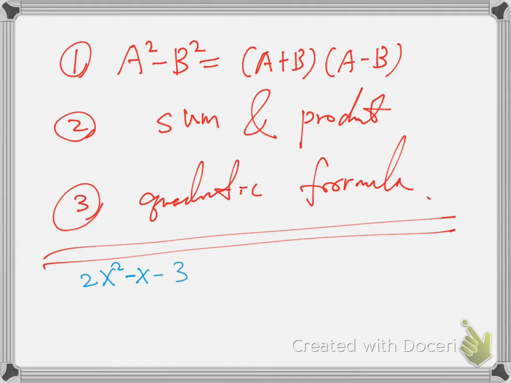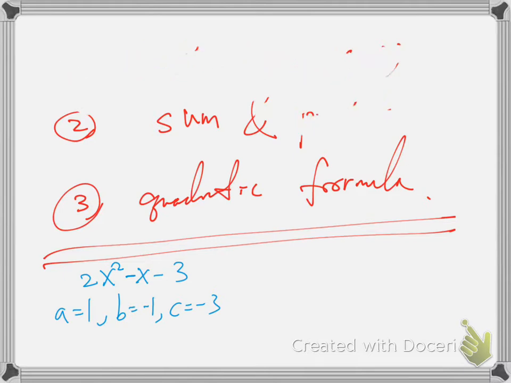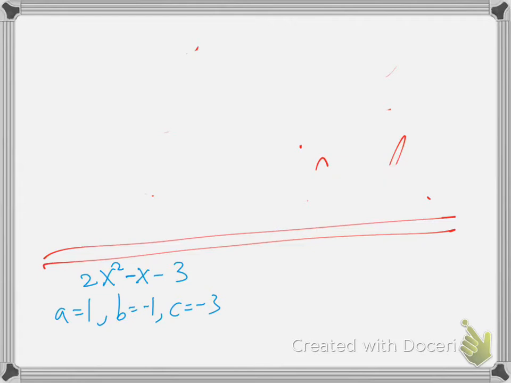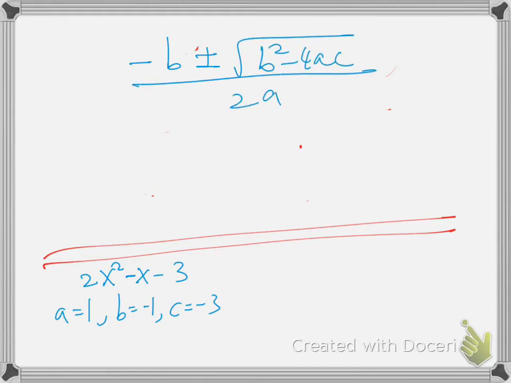So what is ABC? A is 1, B is -1, C is -3, right? So by the quadratic formula, let's put the quadratic formula on top: negative b plus minus square root of b squared minus 4ac, divided by 2a.